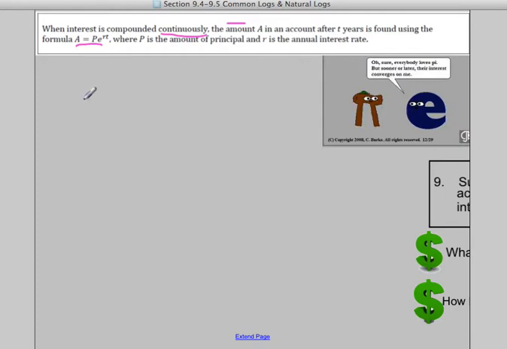I just want to point out some things. e is just a number, 2.718. It's always just going to be a number. r is the rate as a decimal. t is the time.